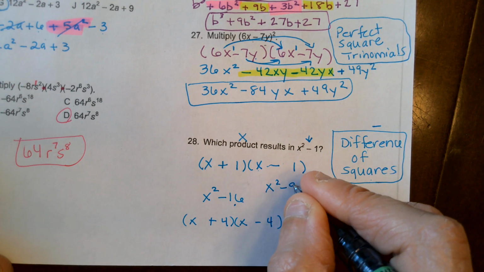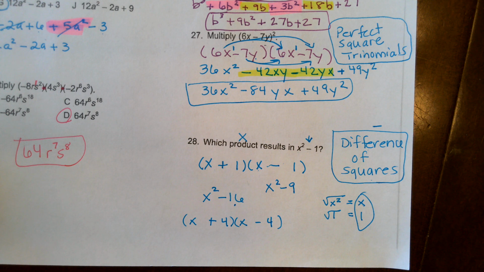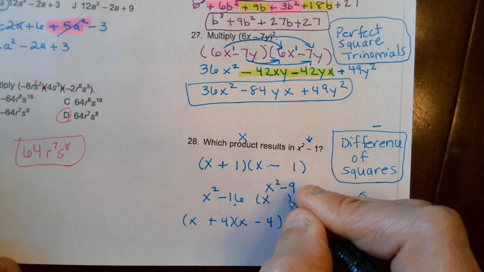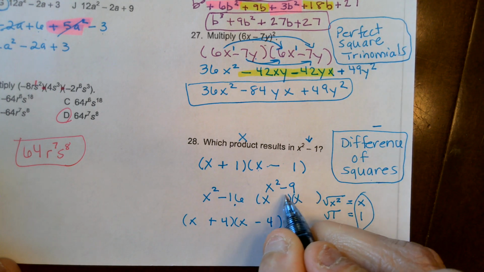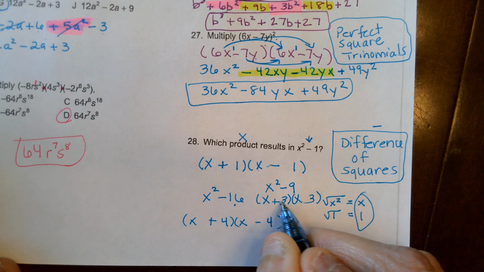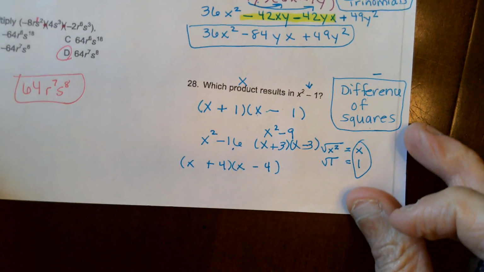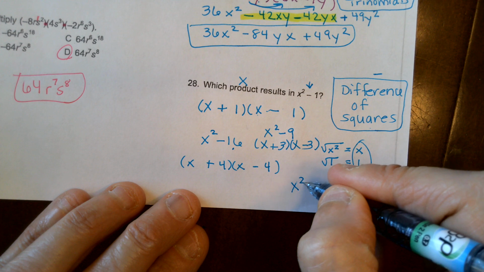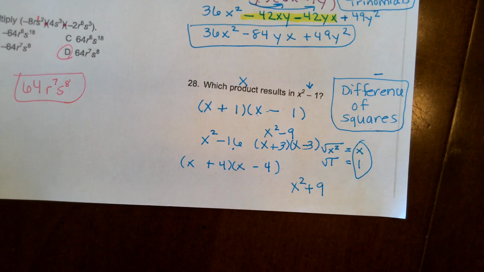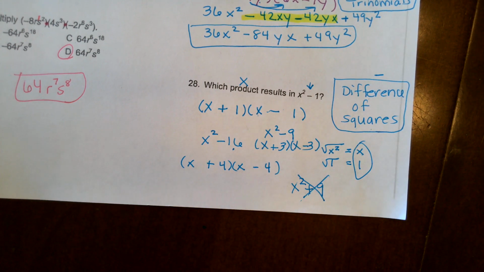What's this one? X squared minus 9. X, square root of 9, 3, 1's positive, 1's negative. How about if I said x squared plus 9? No, we can't do that. That's not a difference. So we can't take the shortcut on those.